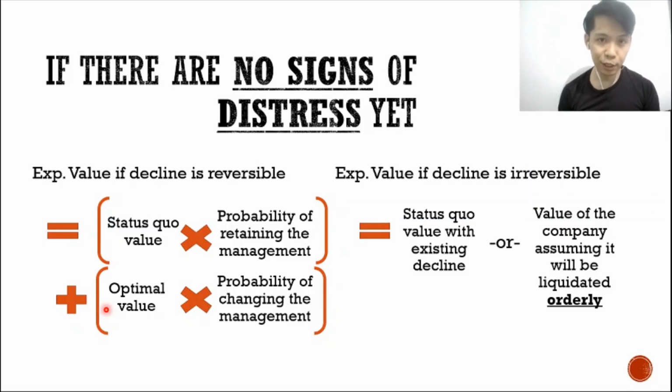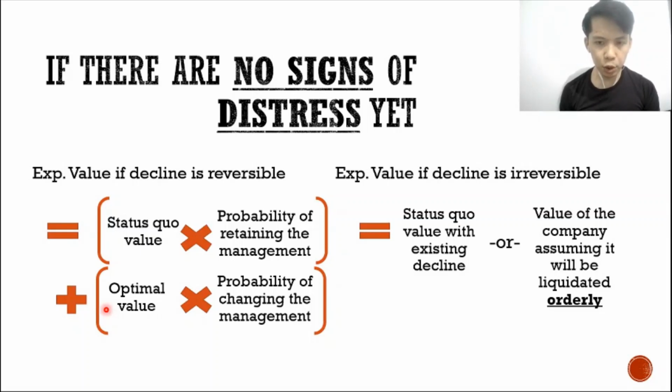Again, it is important to take note that there is no distress yet. As a result, we can wait for the best buyer with the best price to make the purchase rather than being in a hurry in the event of bankruptcy. We still have time to look for the best buyer and to wait for the best price.